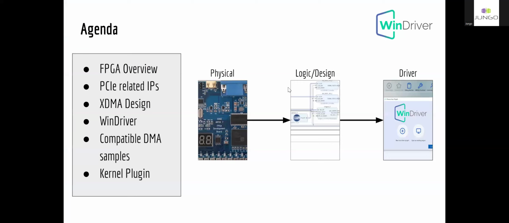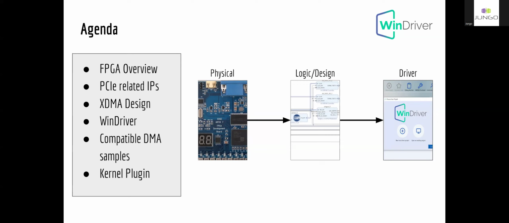So today we are going to talk about from big to small, from the physical to the driver or the code layer. We're going to talk about FPGAs in general, talk about PCIe-related IPs. We will discuss what an IP is. Specifically, we'll show an XDMA design and why it is important to be highly familiar with its configurations prior to developing your driver.